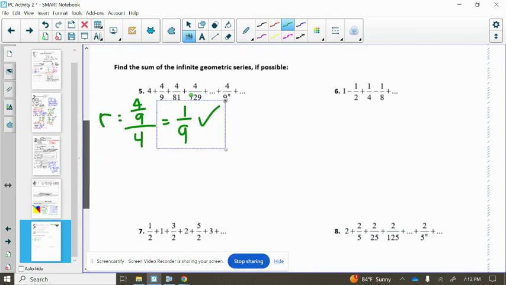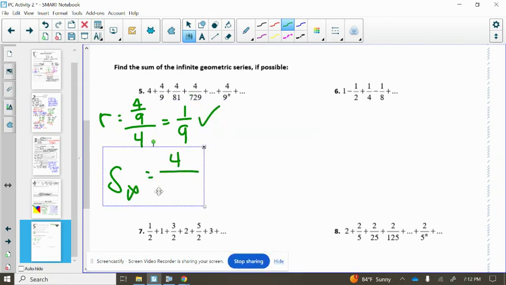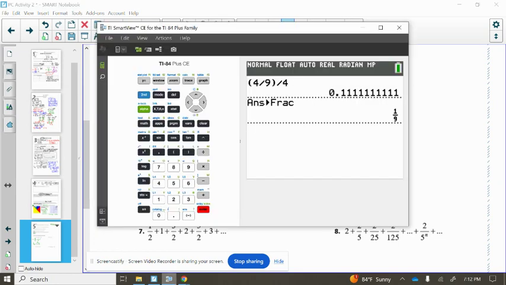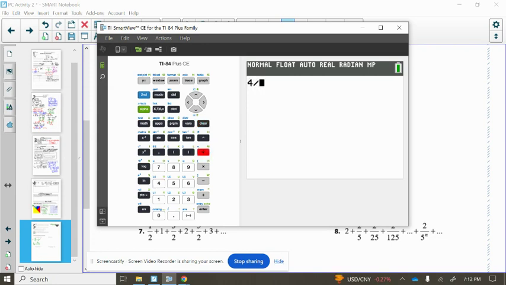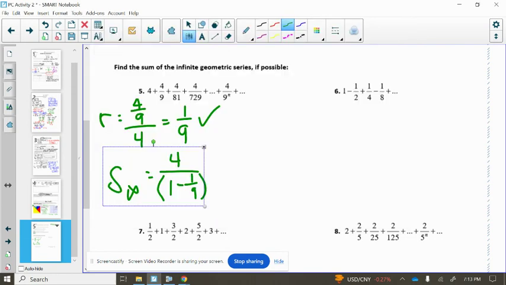So now I can actually calculate that infinite sum, take my first term, divided by 1 minus that r value of 1/9, and if we take 4 divided by 1 minus 1/9, we get 4.5, or 9/2, depending on how you write that, as our value of our infinite sum.